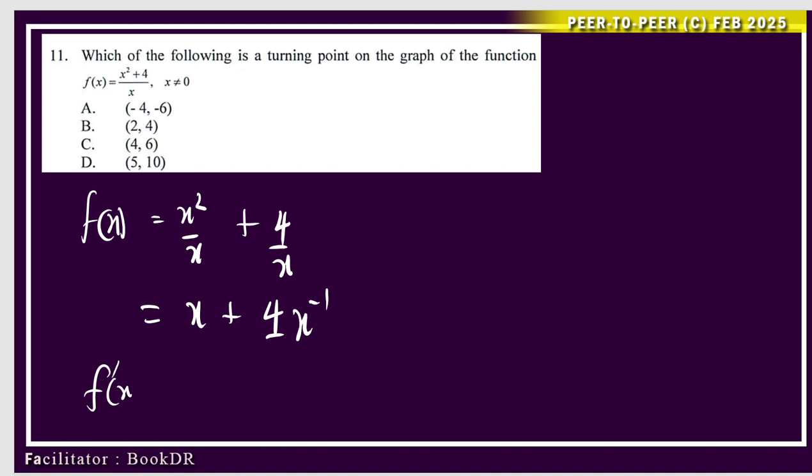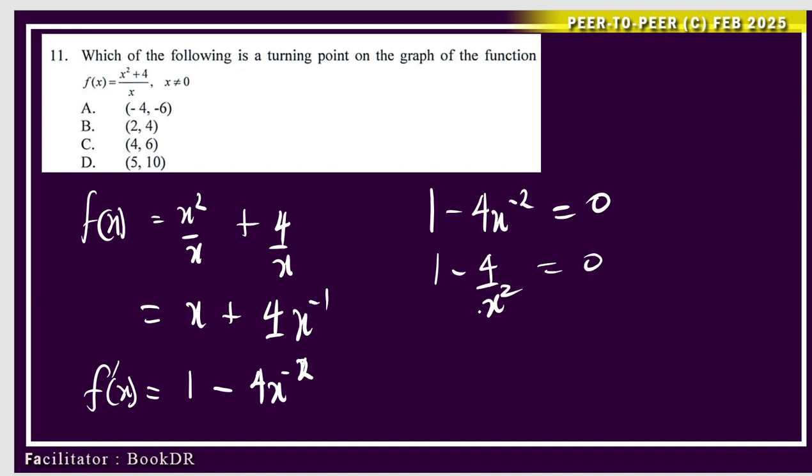So our f derivative becomes 1 plus, so here becomes minus 4x to the power negative 2, that is minus 4 over x squared. Good. So we equate this one to 0, and it's the same thing as 1 minus 4 over x squared is equal to 0. Clearing the fraction, we have x squared minus 4 is equal to 0, which implies x is equal to either 2 or negative 2.